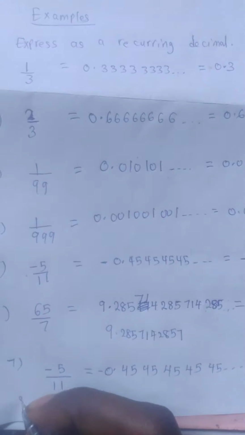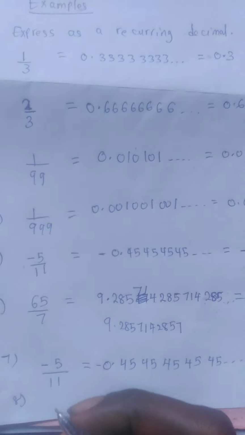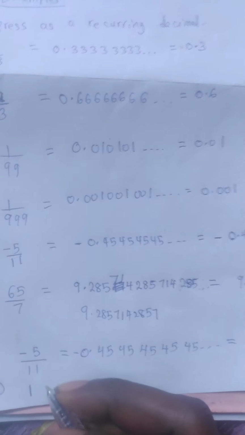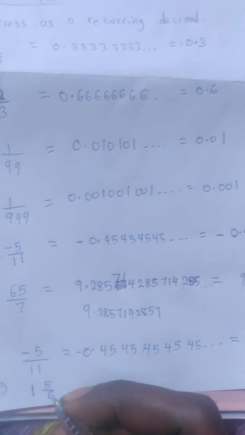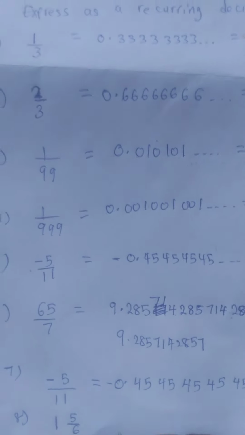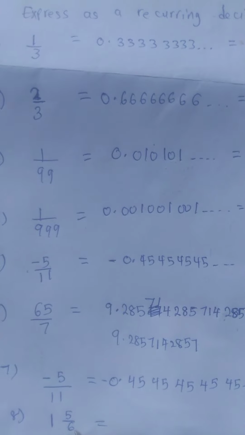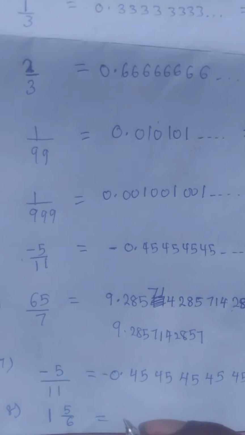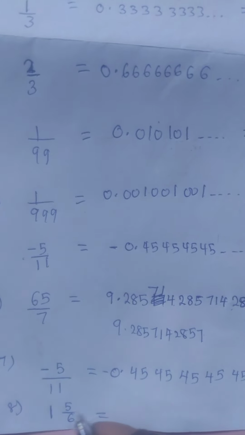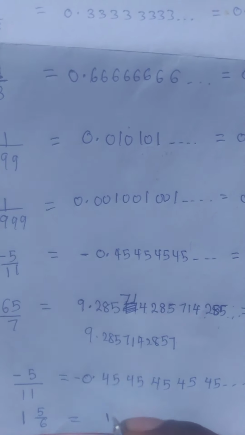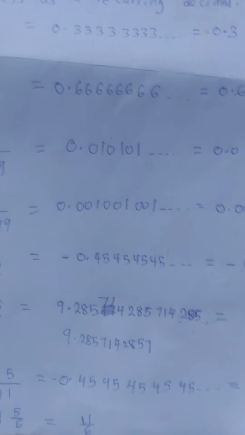So example 8, we have one whole number 5 over 6, and this is a mixed number. So we change this mixed number to improper fraction. That is 6 times 1 is 6, 6 plus 5, that's 11. You have 11 over 6.